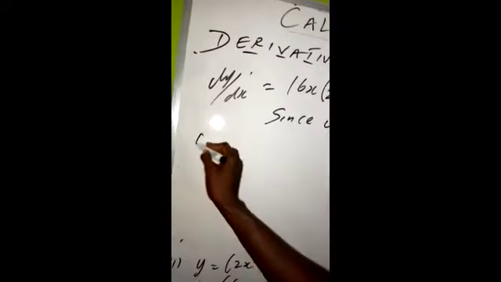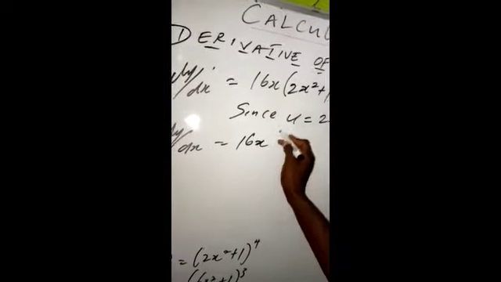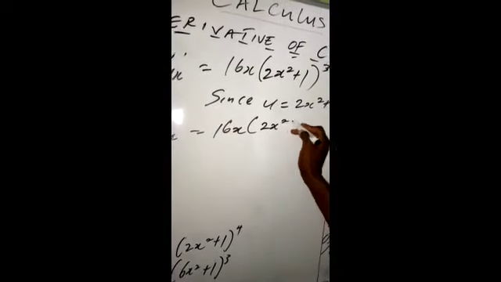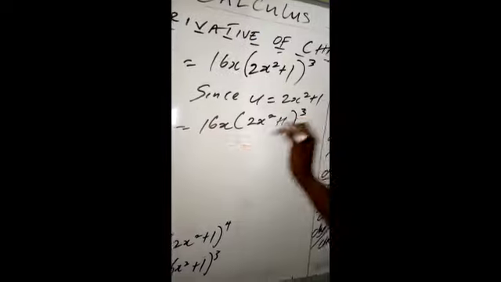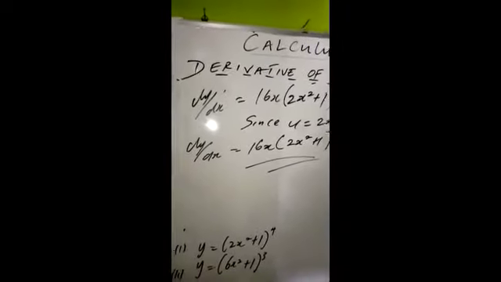Therefore, dy/ds is 16s into (2s squared plus 1) all raised to power 3. So that is the answer for this. That's what you were asked to do.